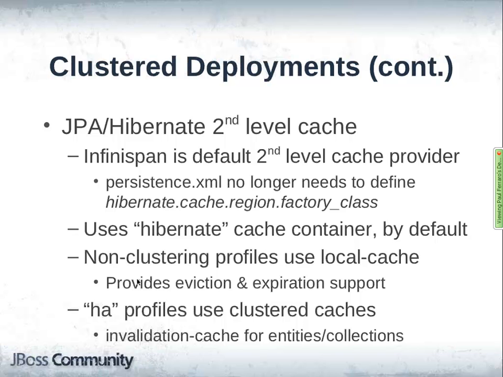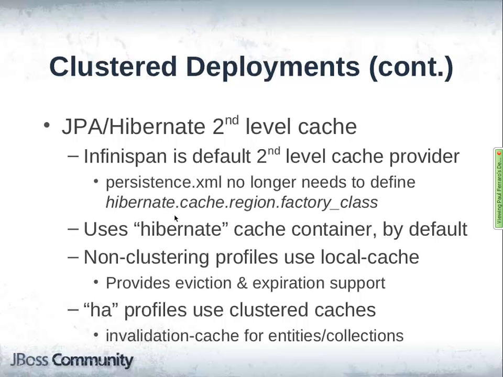It had no mechanism for eviction or expiration. So in AS7 we're now using Infinispan as a default provider, which also means that you don't need to specify a region factory class in your persistence.xml, which is something you needed to do before. Now you get that for free, so you'll get eviction and expiration support even in local mode.